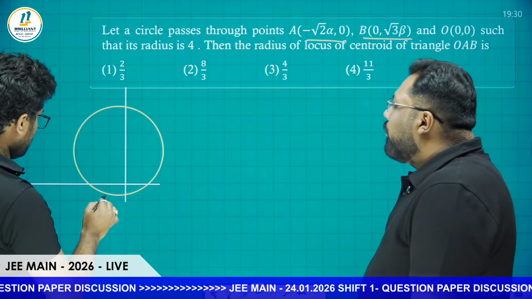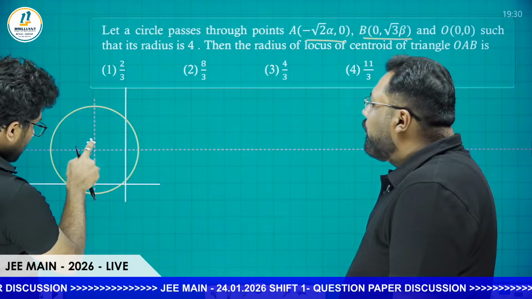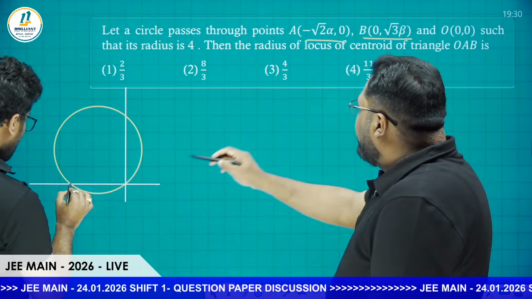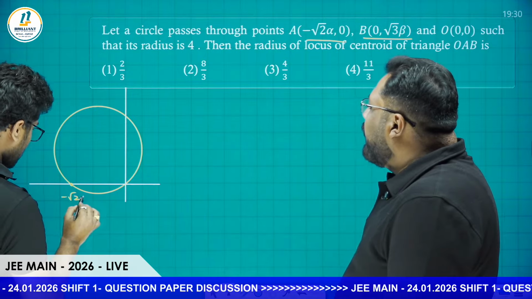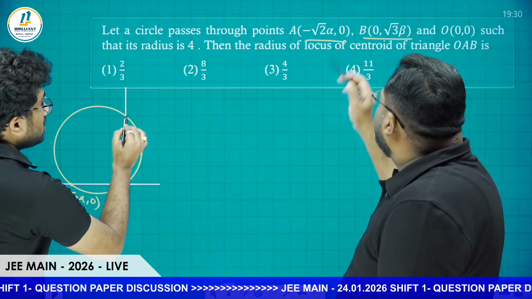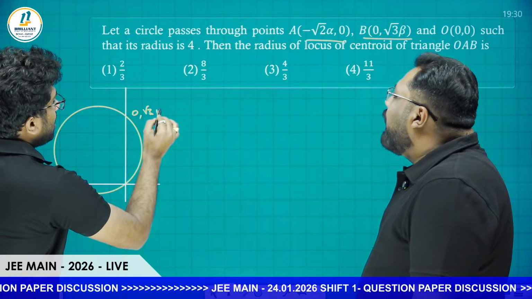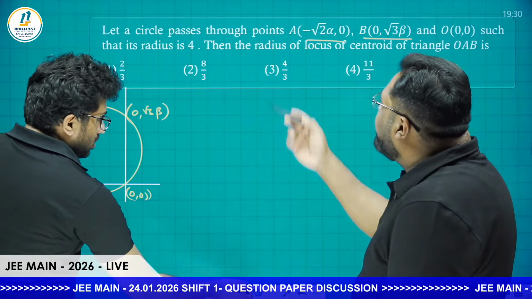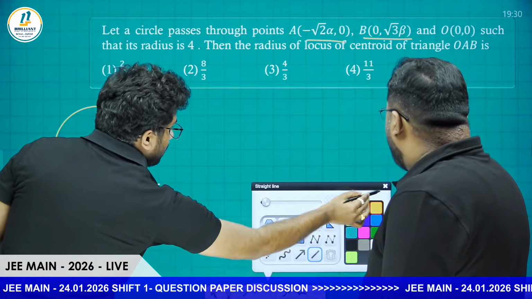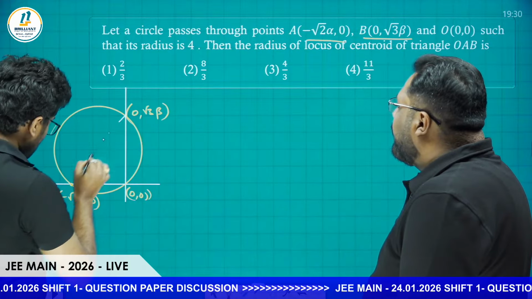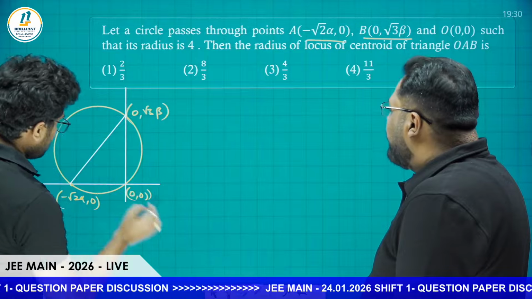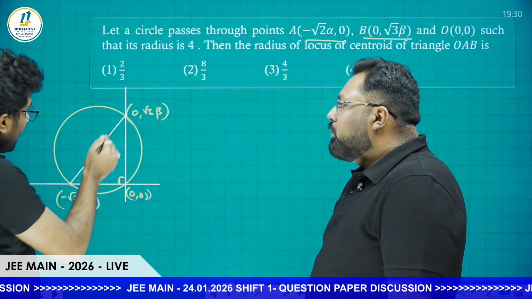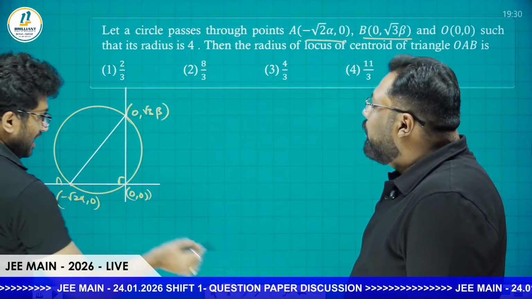Circle passing through origin and having intercepts root 2 alpha on the x-axis and 0 comma root 3 beta on the y-axis, also passing through 0 comma 0. And its radius is 4. Now, angle in a semicircle is 90 degrees, so this is definitely the diameter.